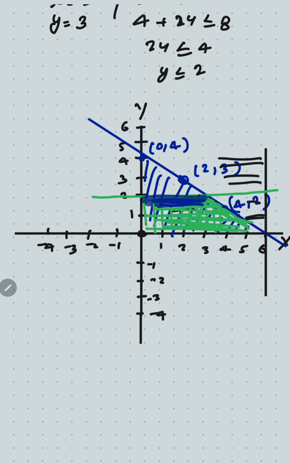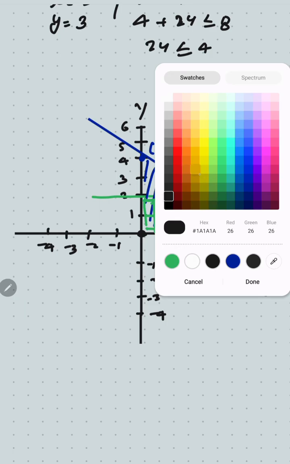Okay, this region, just 1 second, I change for another pen.